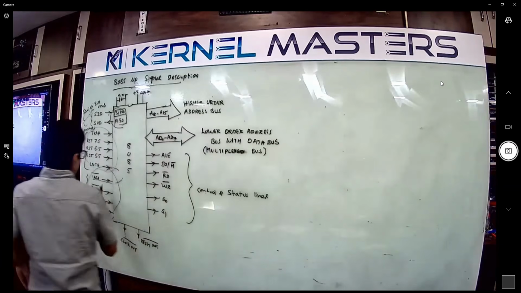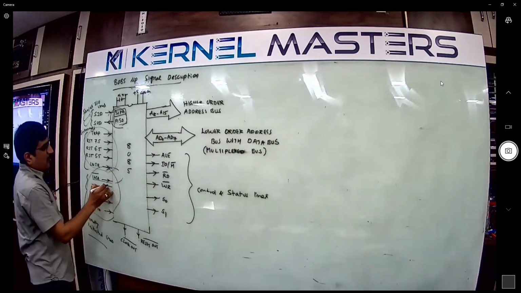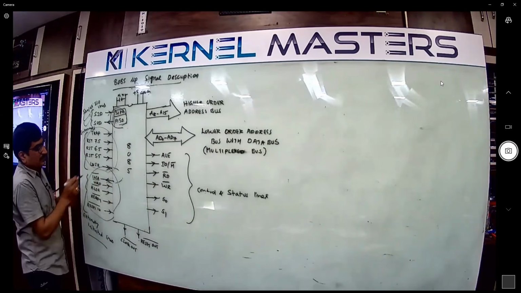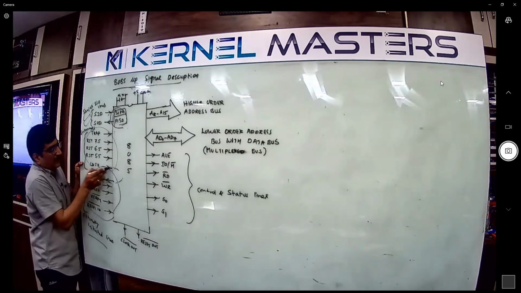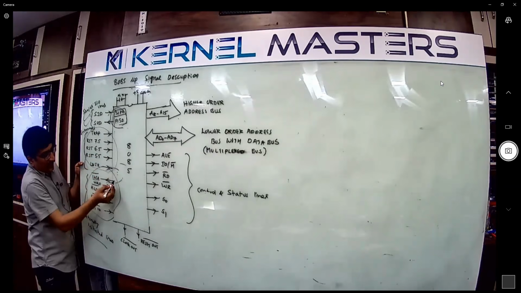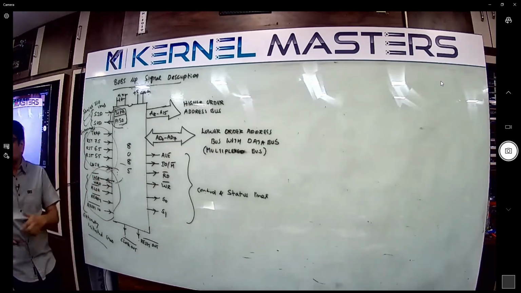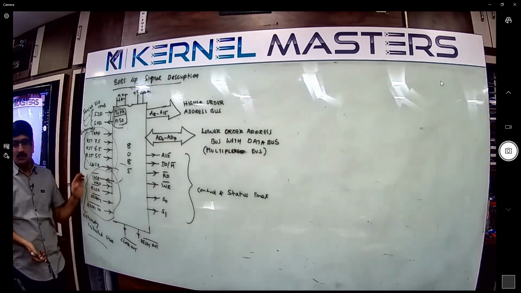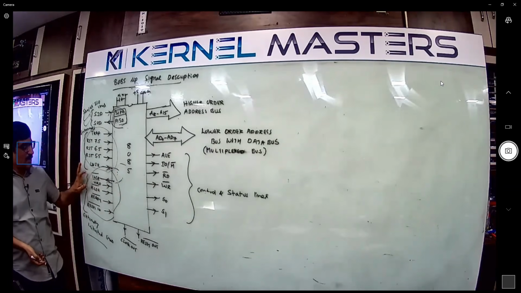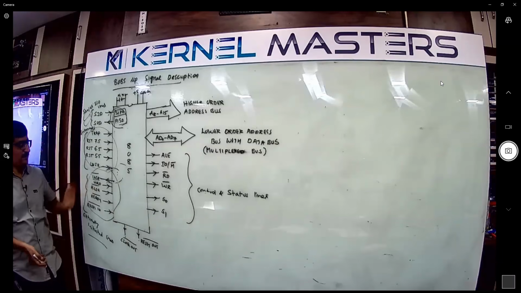One more signal is missing here, which is hold. When a device raises an interrupt on INTR, the microprocessor gives a response, the acknowledgement, telling that it is receiving the interrupt. INTA is a low pulse, active low.